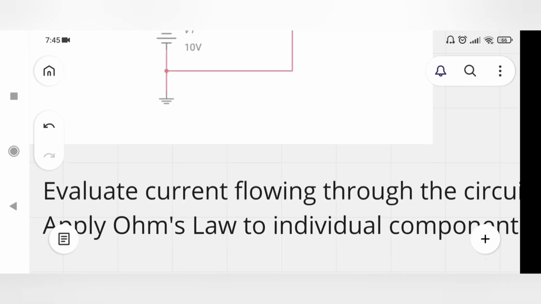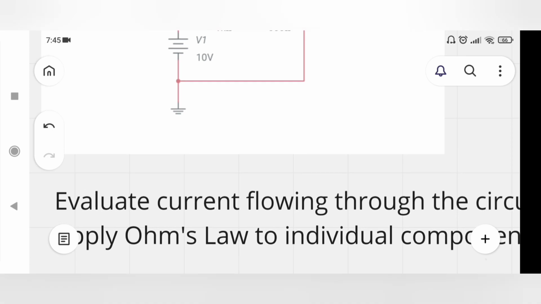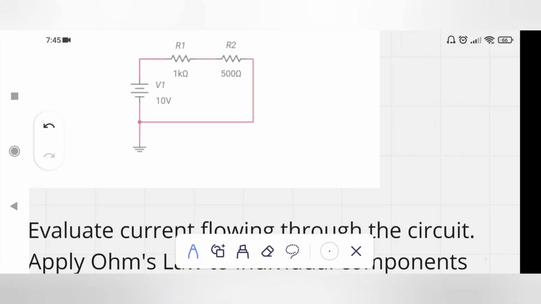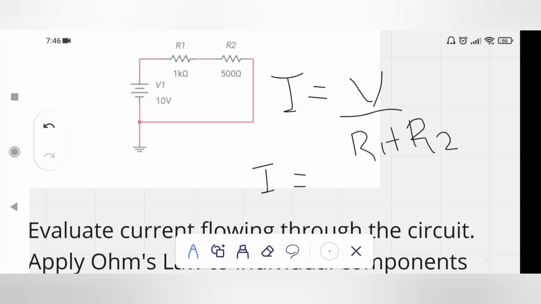In a series circuit, current remains the same. Let's calculate the value of current. Again the same formula, V is equal to IR, and I is equal to V upon R1 plus R2, and I is going to be 6.6 milliampere here.